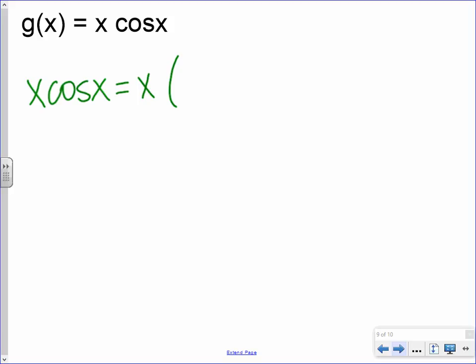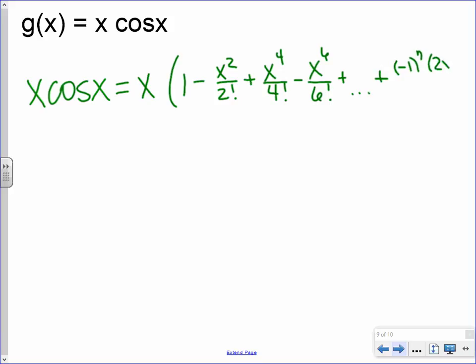So the cosine series is all the evens: 1 minus x squared over 2 factorial plus x to the 4th over 4 factorial. We literally have x times our cosine series.